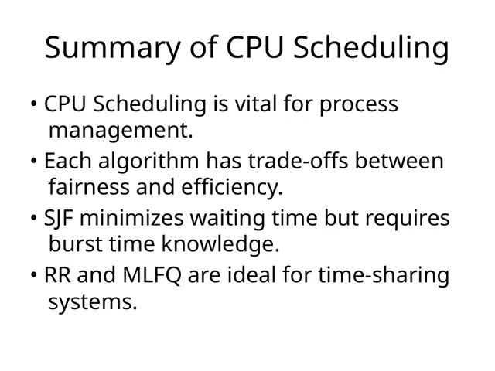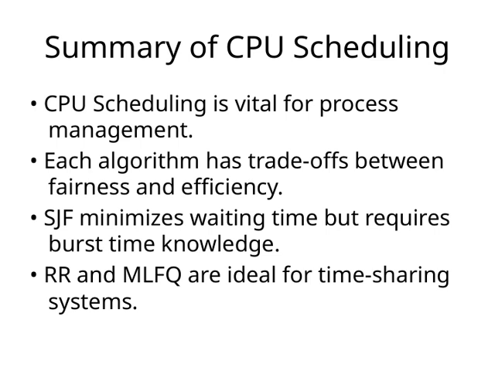For example, some algorithms prioritize fairness, making sure every process gets a turn, while others focus on maximizing overall system throughput. Specifically, shortest job first, or SJF, is great for minimizing waiting time because it always selects the process with the shortest burst time next. But of course, this requires knowing the burst times in advance, which isn't always practical.